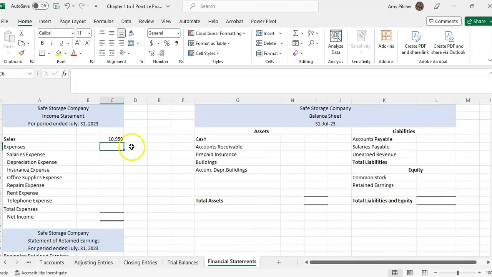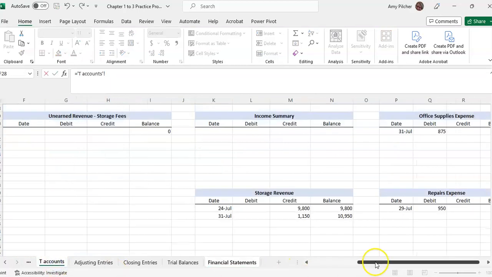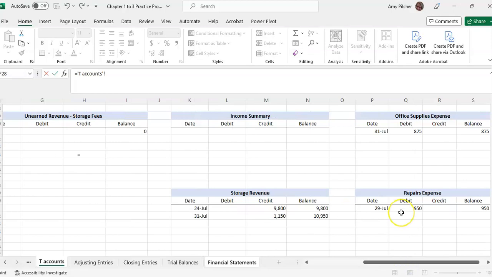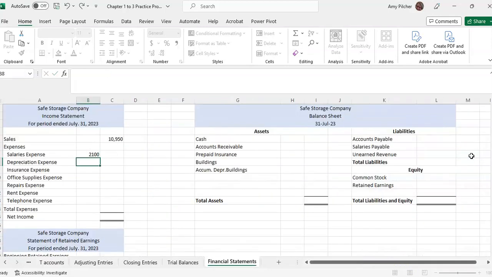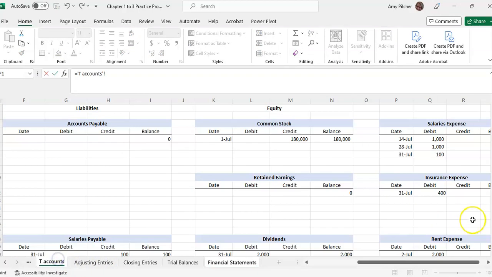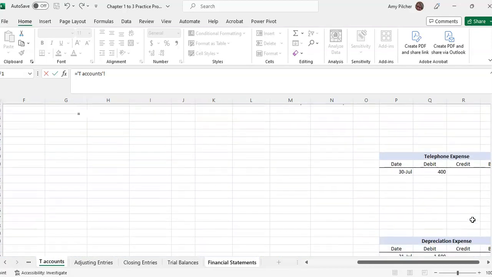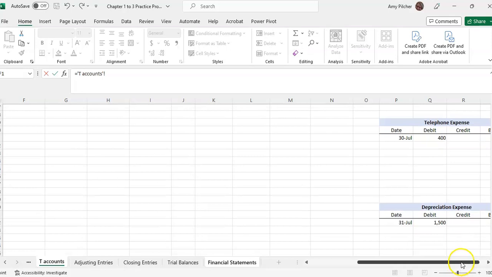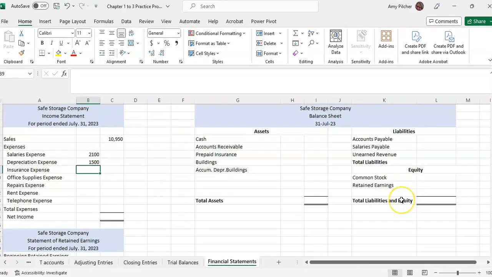10,950. And then we have each of our expenses, so salaries expense, depreciation expense, insurance expense.